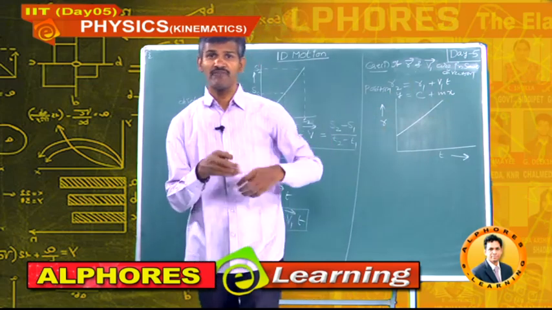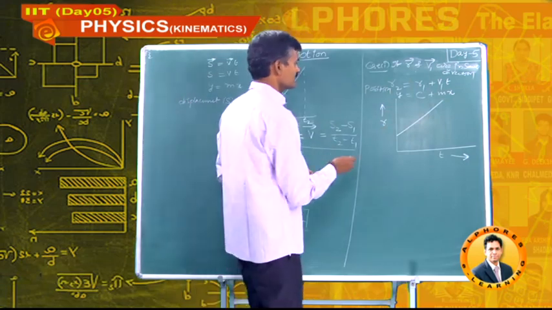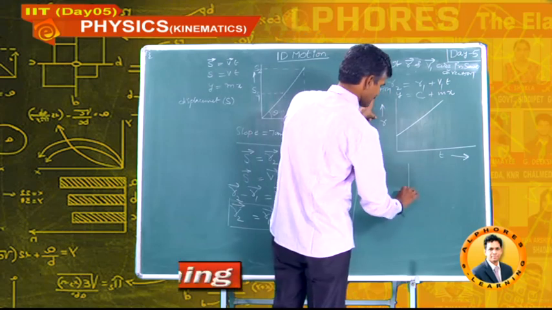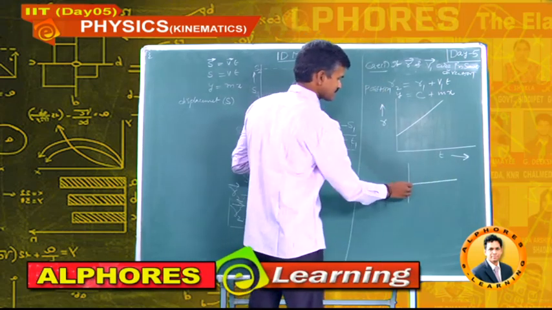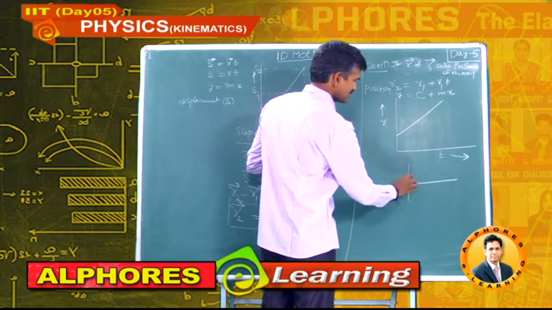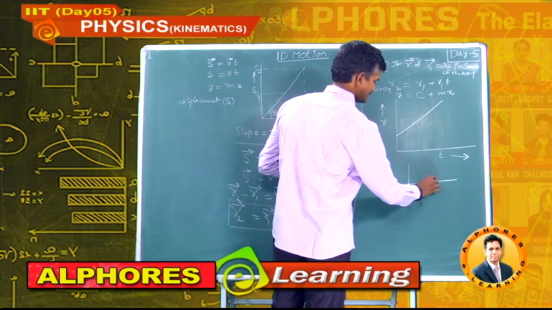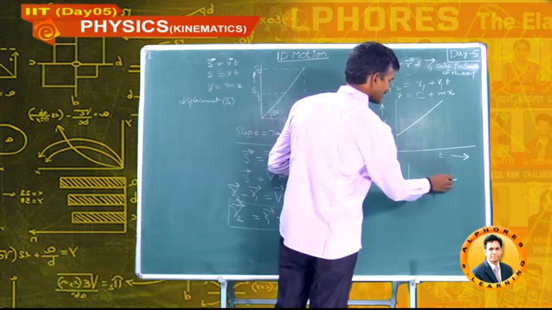For this you can consider a general diagram. This is the origin. Suppose this is the x axis. From here the particle is located at this point. This is R1. Here it moves in this direction.